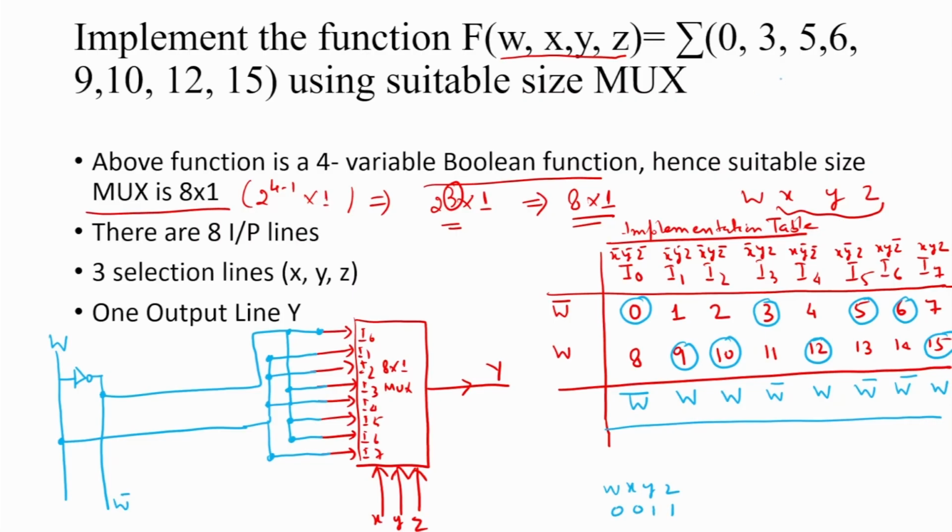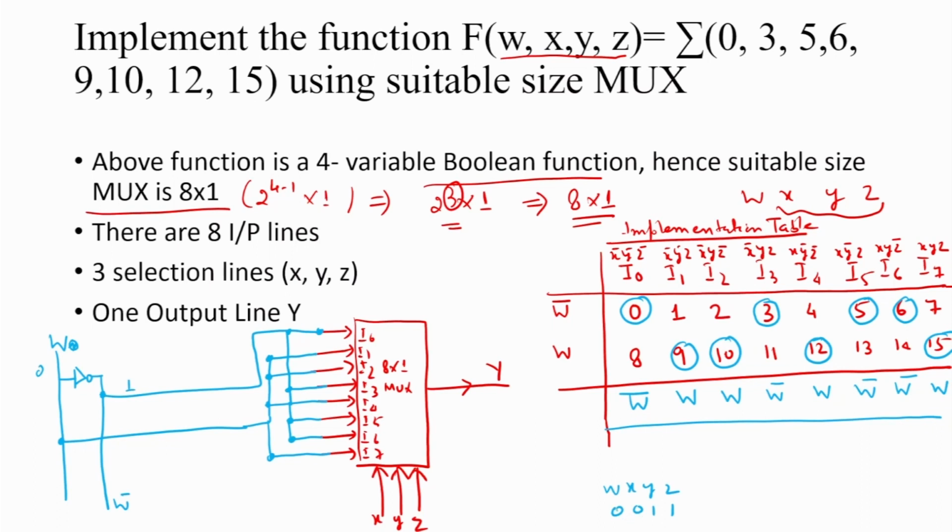Here we see that this particular min term is present, this means the output is 1. We see what is the output here. What is the value of W? W is 0. This means the complement, 1, goes here.